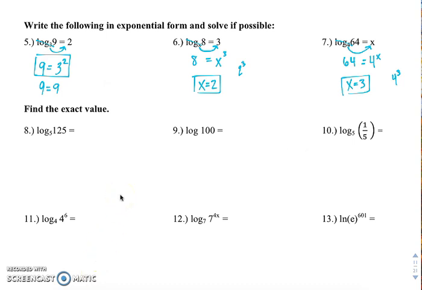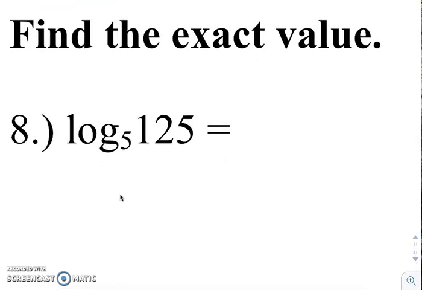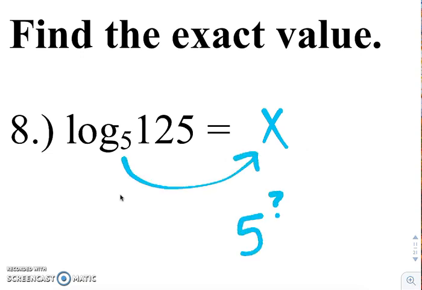So now if it asks us to find the exact value, we have to find what it equals. So it might be easier. I think sometimes people like to either put a question mark there or put x there. But we're trying to figure out 5 to what power equals 125.